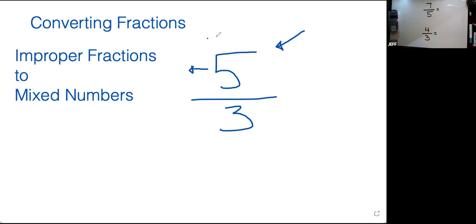If there's 5 things in here, 1, 2, 3, 4, 5, I can pull 3 out and make a 1 out of it. And then I have these 2 left over. So 5/3 becomes 1 2/3. That's how we change an improper fraction to a mixed number.